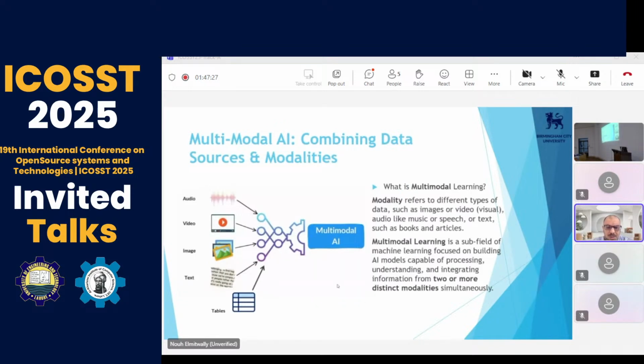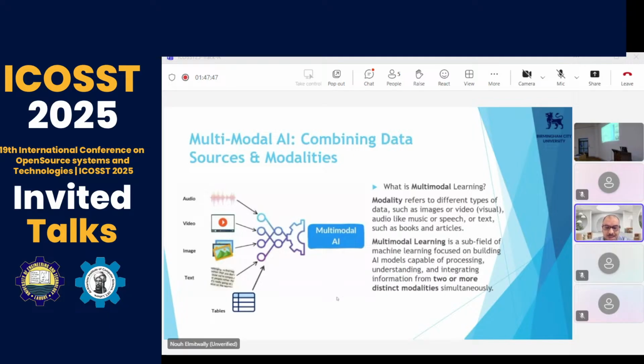So what does this look like for AI? Actually, multimodality is all about teaching machines to process and integrate information from multiple modalities simultaneously, just like humans do.